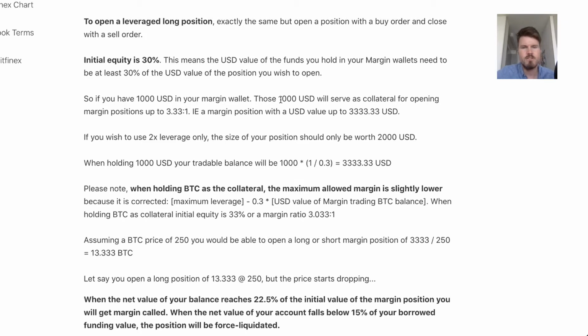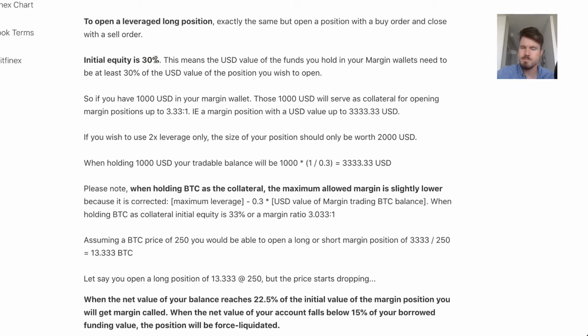Well, if you want to trade, for example, 3,333 US dollars, selling or buying Bitcoin as an example, I'd suggest that you don't have only 1,000 US dollars on your account, but maybe 3,000 or 6,000 US dollars, and then trade with the margin of 3,333. And why is that? So that you can always keep this initial equity of 30%.